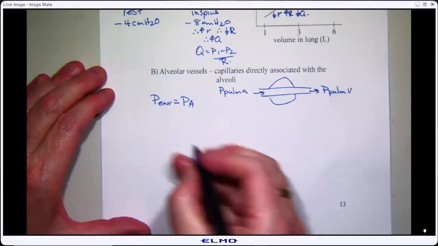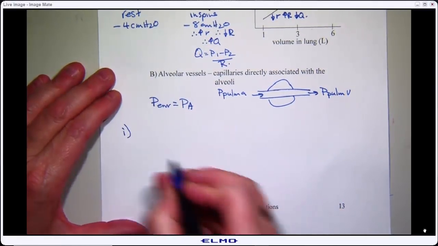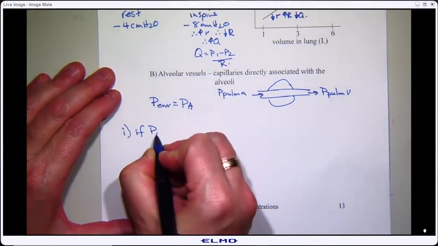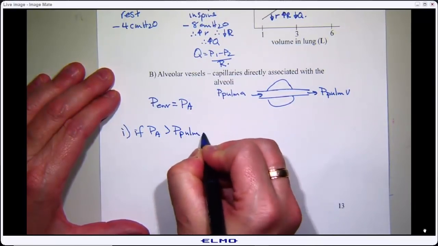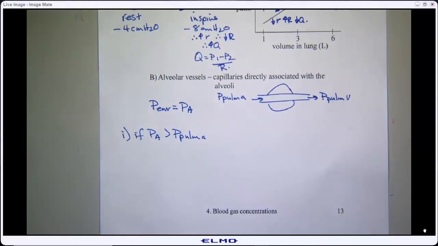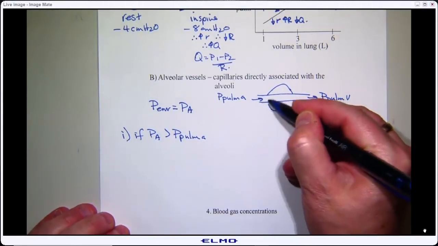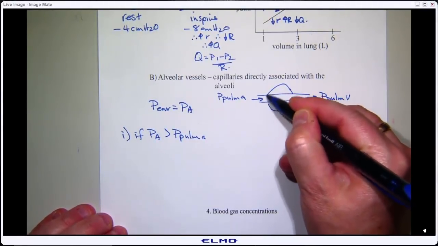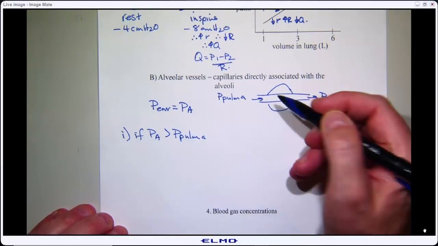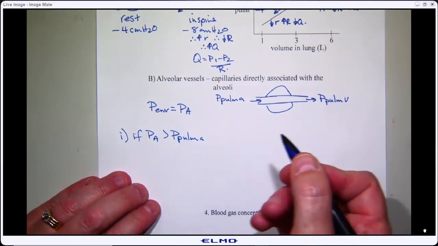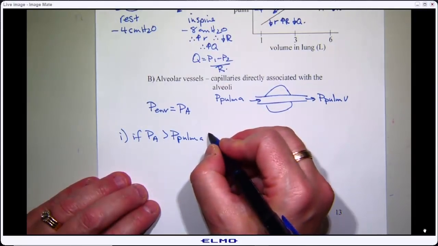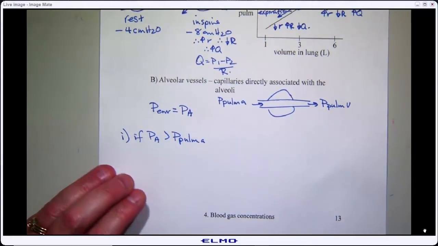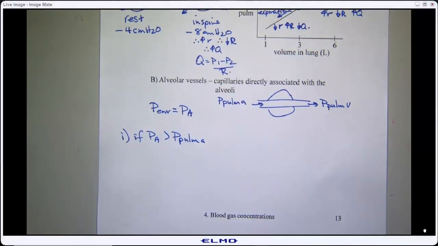Okay, so we can have multiple scenarios here. If our pressure in the alveolus is greater than our pressure in the pulmonary artery, that's trouble, right? Because we're going to decrease radius right here, which is going to decrease flow. We know that pressure in the pulmonary artery will always be greater than pressure in the pulmonary vein, right?